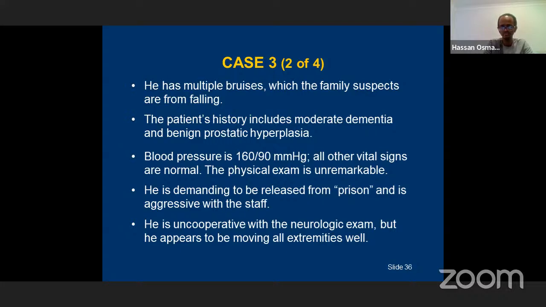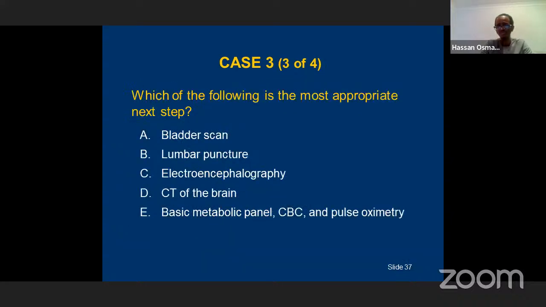His blood pressure is as follows. He is uncooperative with the neurological examination, but it appears to be normal. So which of the following is the most appropriate next step? Now here we are talking about a list of investigations.